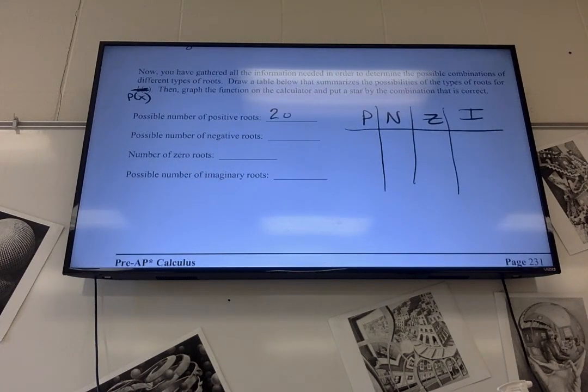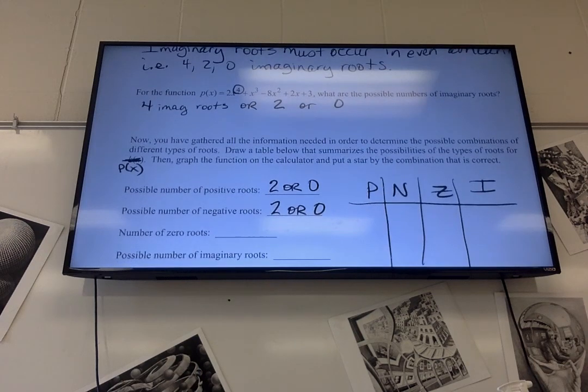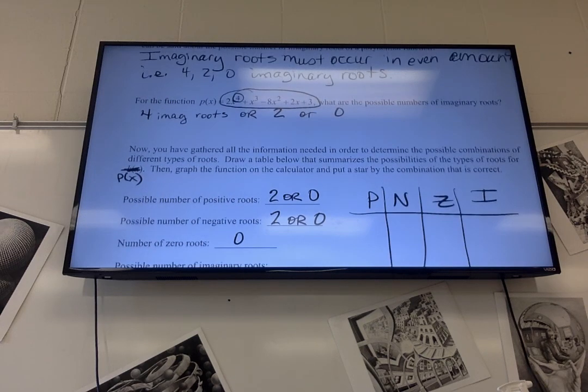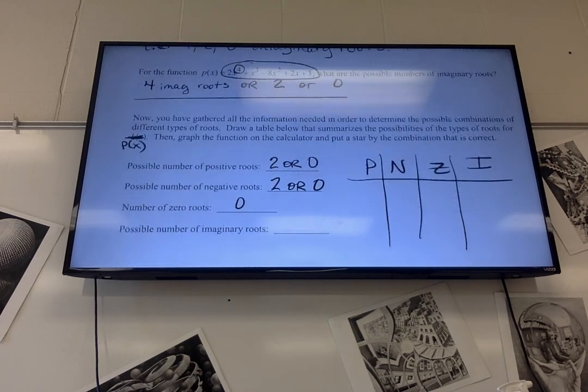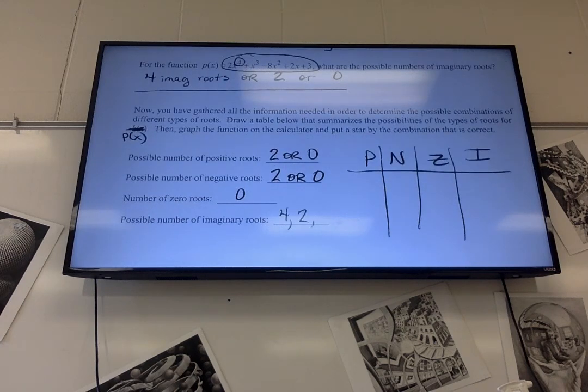So 2 or 0, 2 or 0. And we also just did this too with p of x. How many roots are 0? None. Because it ends in a constant. Remember, it has to end with an x, basically. You can't have a constant term. So there's 0 of those. That makes it easy. And then the number of imaginary roots, well, we just figured that out. It's 4, 2, or 0.